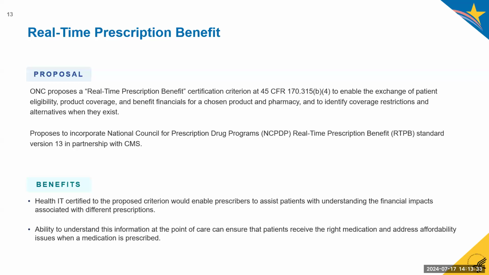We are proposing to use NCPDP's RTPB standard version 13 in this area, and including that functionality, the B4 RTPB criteria, within ONC's base EHR definition, the base functionality that would be required. We think that expanding to use this criteria will really enable prescribers to interact with patients about financial impacts of different prescriptions and ensuring that at the point of care, patients can receive the right and most affordable medications here. Next slide.